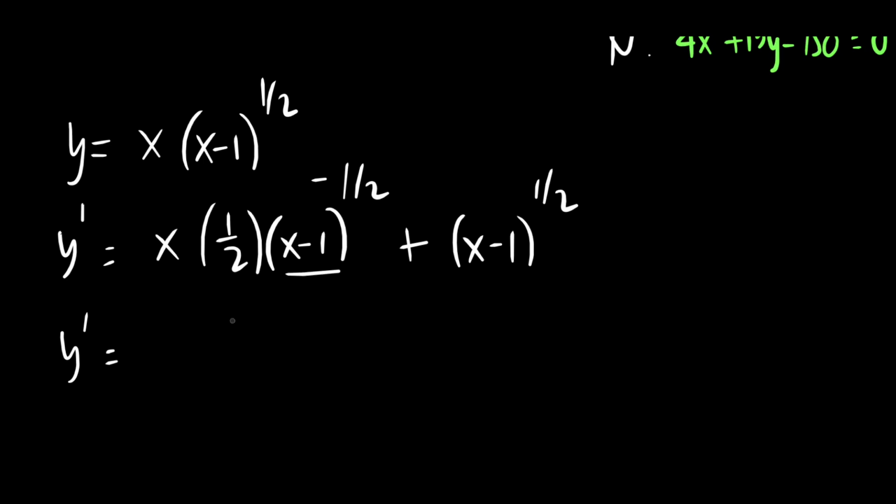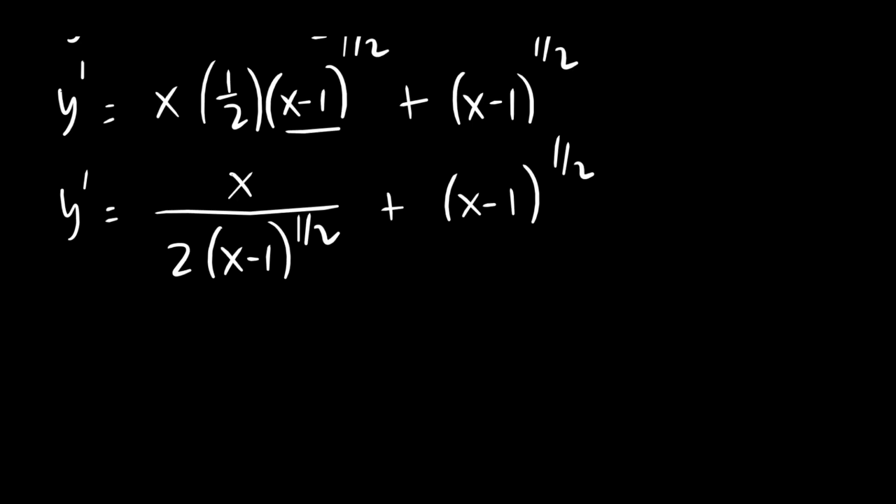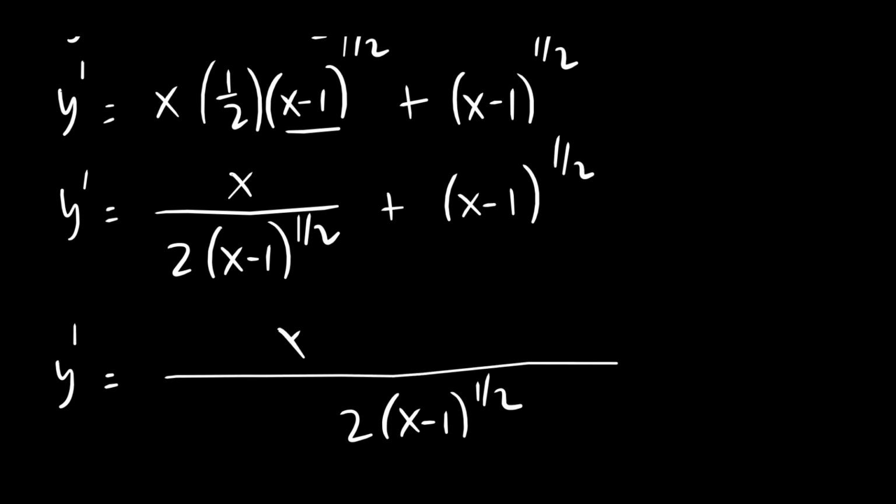So we'll simplify. So y prime is equal to, this term is having a negative, so we'll put it down to the denominator. So x all over 2 multiplied by x minus 1 raised to the power of 1 half, plus x minus 1 raised to the power of 1 half. So after this one, we will combine these two. So y prime is equal to 2 multiplied by x minus 1 raised to the power of 1 half, so we have x plus 2 multiplied by x minus 1.